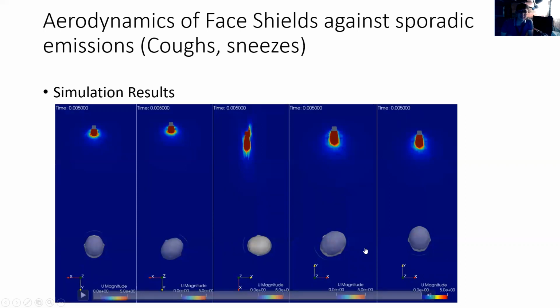Another thing to consider, since most of the studies deal with frontal emission, is that we're dealing with face shields in hospital settings, since patients, especially during intubation procedures, don't wear any mask. Therefore, there are tendencies of sporadic emissions, coughs or sneezes, being introduced directly into the air.